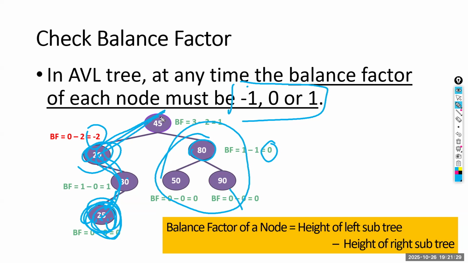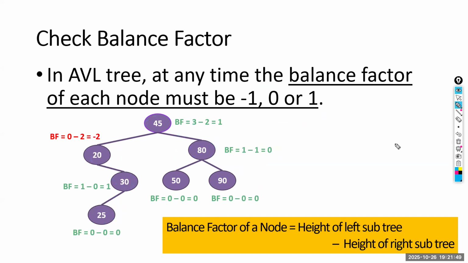Only up to this, these are not going to be unbalanced. So the first one you find that is unbalanced, you need to fix it. In this case, this is 0 balance factor. This is balance factor 1. Here balance factor is -2. So therefore you need to fix here. Okay. So you check from your newly inserted node upwards.